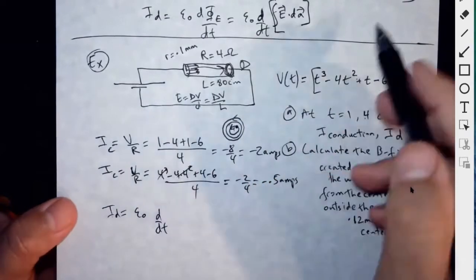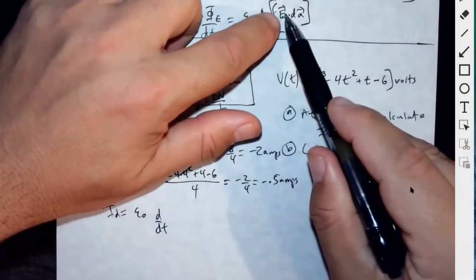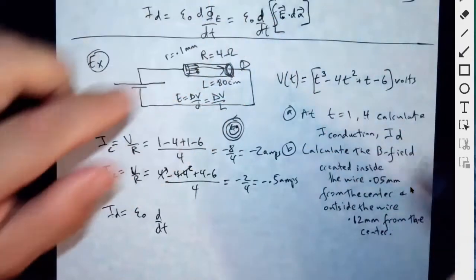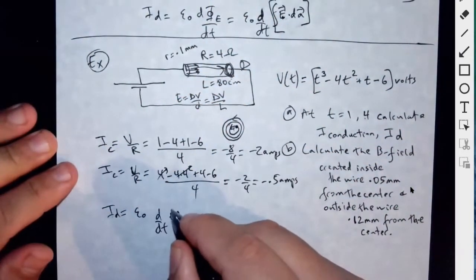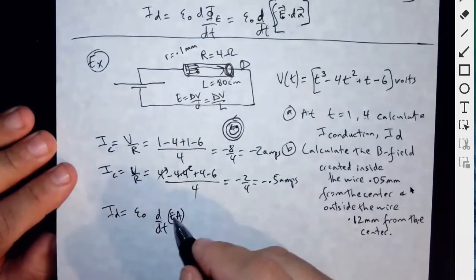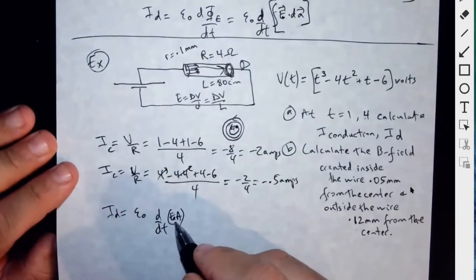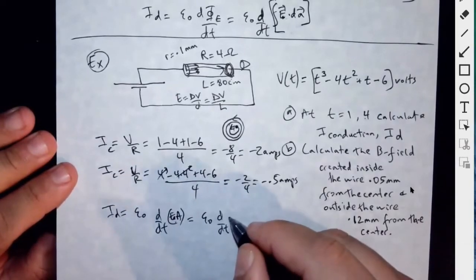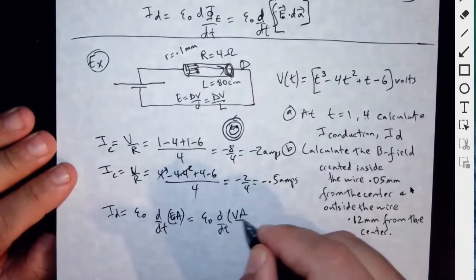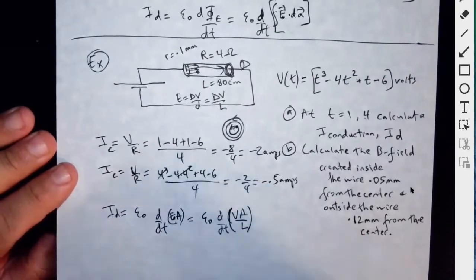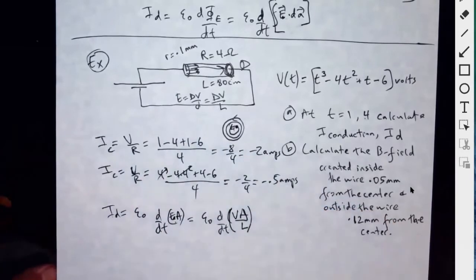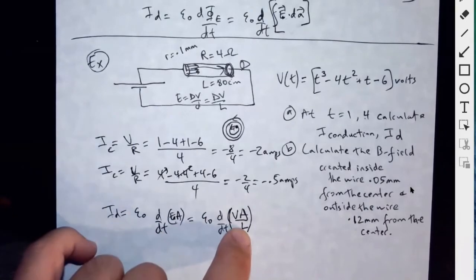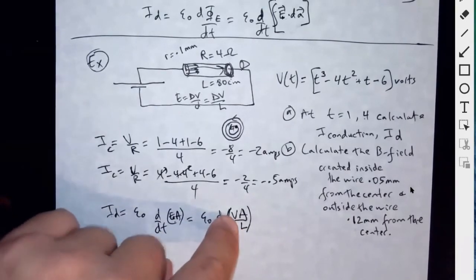So when you do this integral, if this is uniform across the area of the wire, then this just becomes EA. And then E is equal to V over L, right? d by dt. So this is VA over L. Right? Now, out of these three, which of them are changing? The voltage across the wire, right?